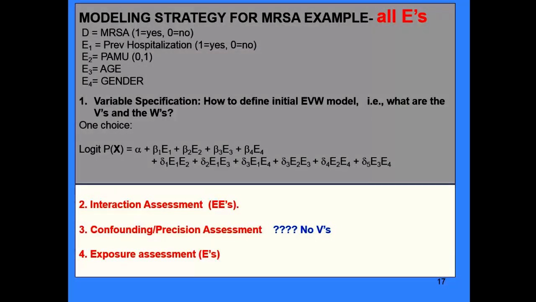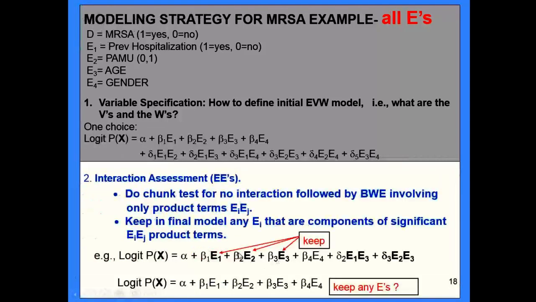Then you're down to interaction assessment, and confounding, but there's no confounding because you don't have any V's. So then you're down to eventually dealing with the E's. As an example, suppose after the interaction stage I've got two models written down at the bottom of the screen. The first of these models is what you obtained after you started with a model with a lot more product terms. You wound up with only two product terms.